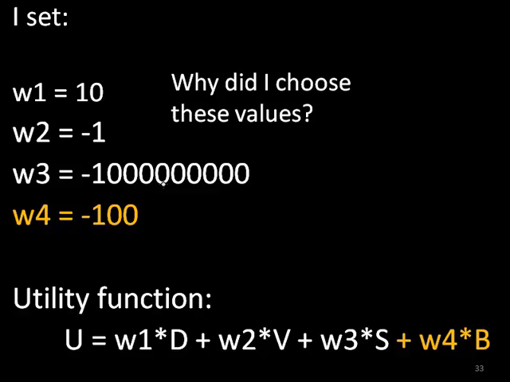Notice that I set the magnitude of weight 4 for the barrier to be much less than weight 3, which represents how punished the robot would be if it drove off the screen. I would rather the robot try to drive into a barrier rather than try to drive off a cliff.